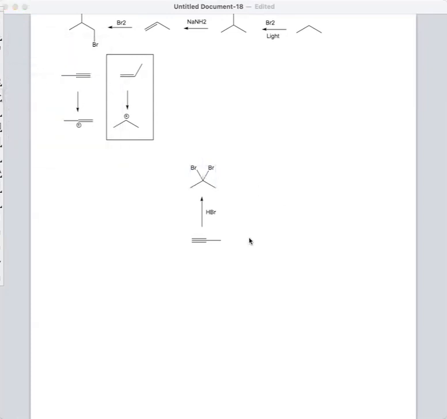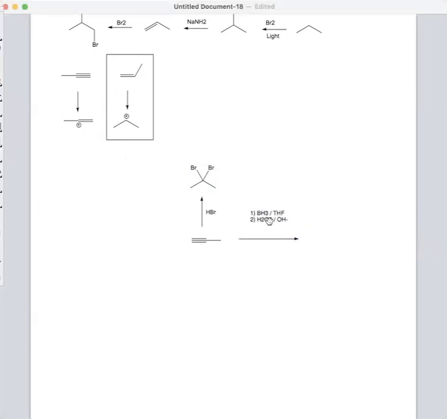One important reaction here was the hydroboration oxidation. Once again, remember hydroboration oxidation forms, for alkenes, an alcohol regioselectively.